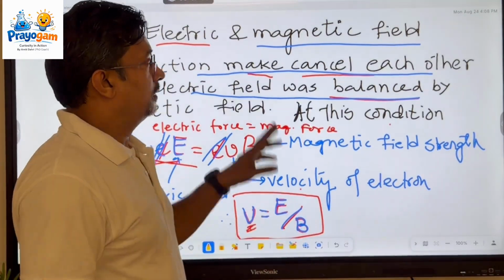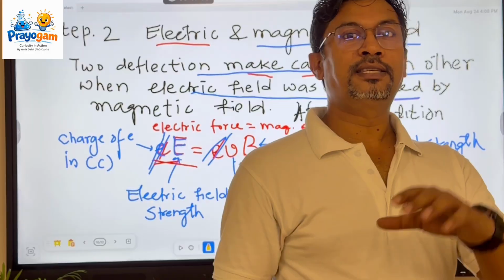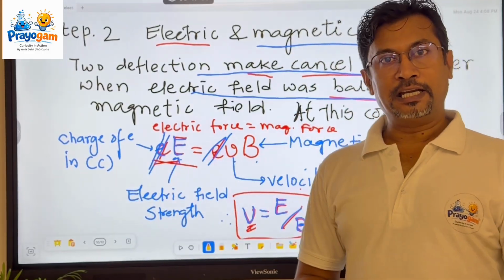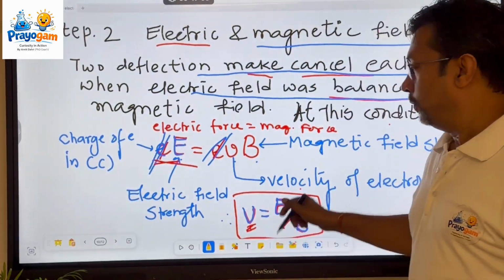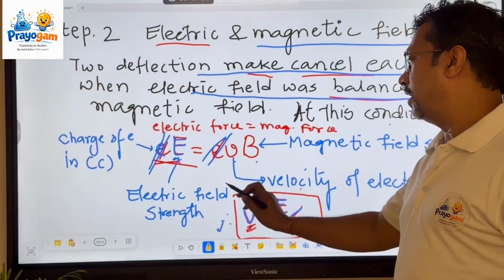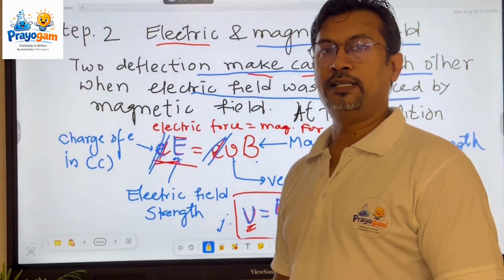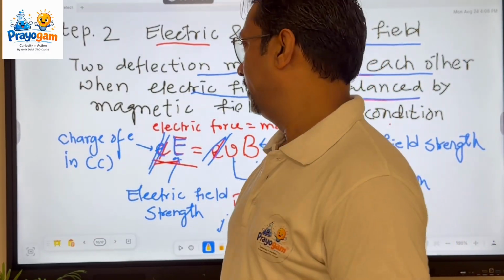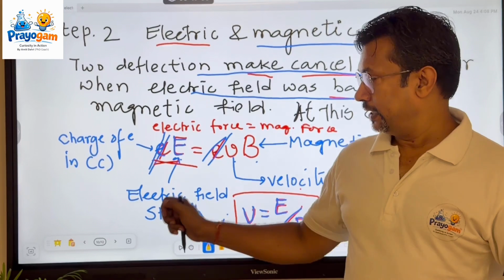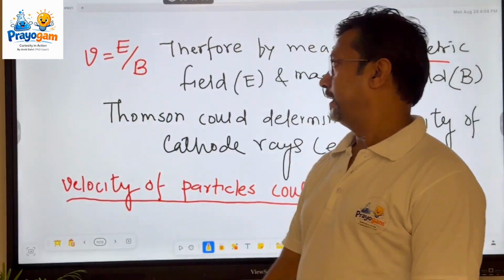So now, by applying magnetic and electric field, what did we find out, children? We can calculate the velocity of cathode rays, that is electron. Clear children? Any doubt till here? Let's move ahead.